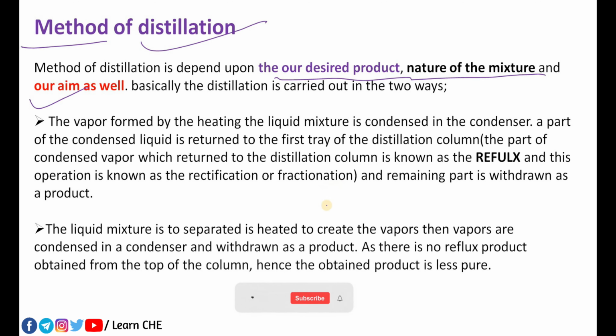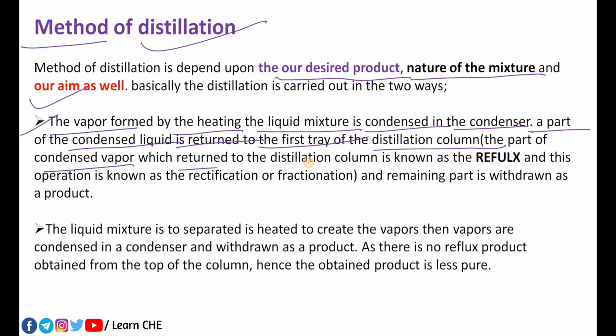Distillation is carried out in 2 ways. Here is the first way. In the first way, the vapor formed by heating the liquid mixture is condensed in the condenser, and a part of the condensed liquid is returned to the first tray of the distillation column, as I have told you. This part of the condensed vapor which is returned to the distillation column is known as the reflux.